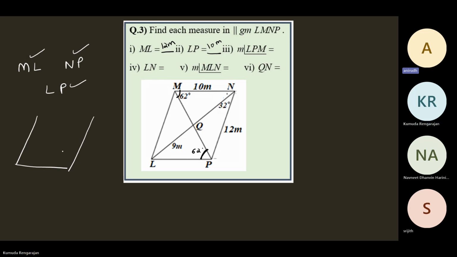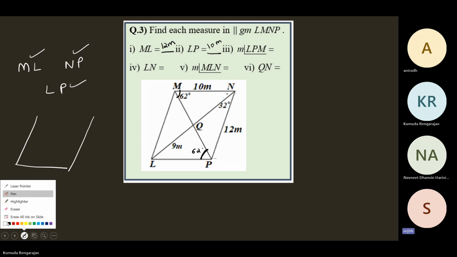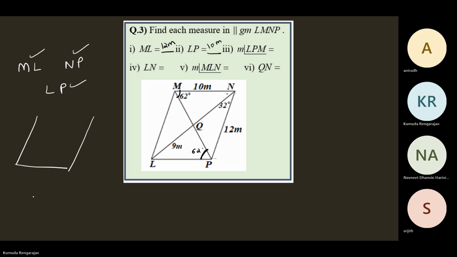ML and MP. LN is transversal. No, see, you're saying ML, okay, we'll change the transversal, but you're saying the parallel lines to be considered are ML and NP, right?